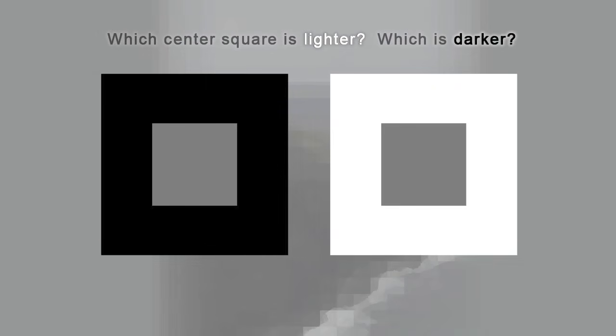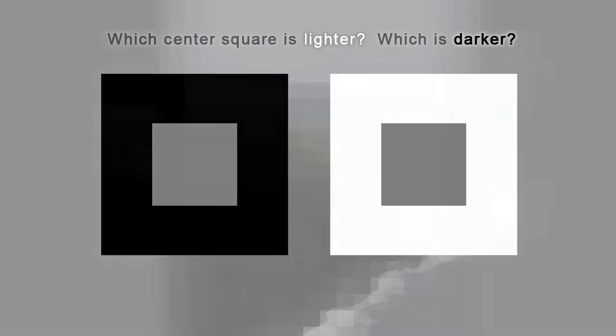The answer may surprise you: they're actually both the same value. This diagram shows us the power of relative values. Because these values are surrounded by contrasting values, dark surrounded by light, light surrounded by dark, it makes the gray square seem much darker or much lighter than it really is. So you want to be aware of relative values.